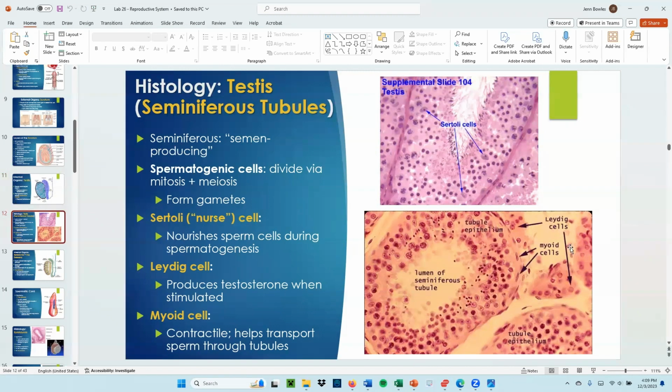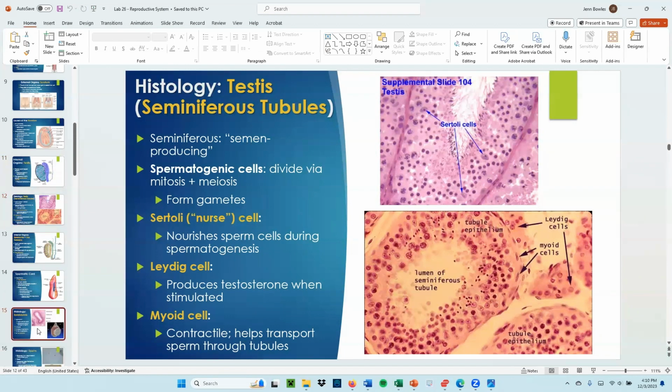You will see a couple other types of cells. So in between the tubules, we'll have these Leydig cells, which are producing testosterone. And then you'll also see these cells that look kind of like smooth muscle that are just going to contract those tubes. But I would say the main thing to know is when given a hint that this is like male reproductive tract or the site of sperm production, you want to be able to recognize that this is a seminiferous tubule and this is found in the testes.